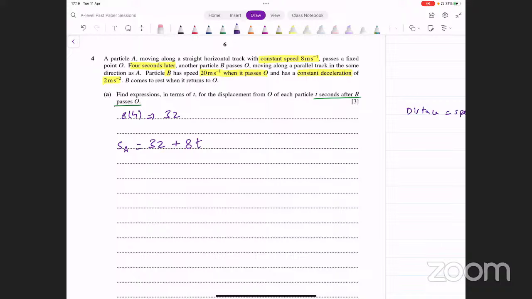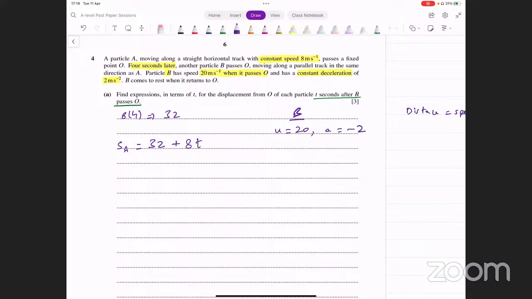Now, what about particle B? It says particle B started with speed 20, and it has a constant deceleration of 2 meters per second squared. So for B, you know the initial velocity is 20, and you know the deceleration, so the value of acceleration will be -2.